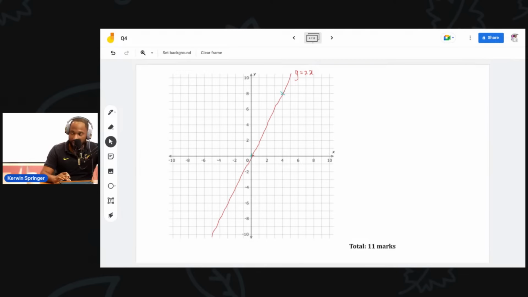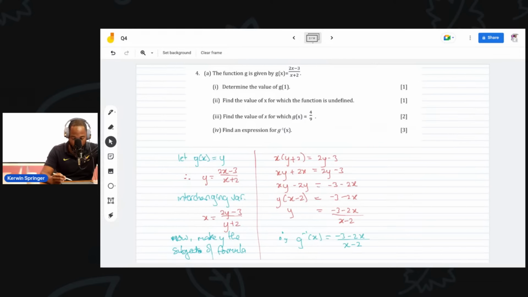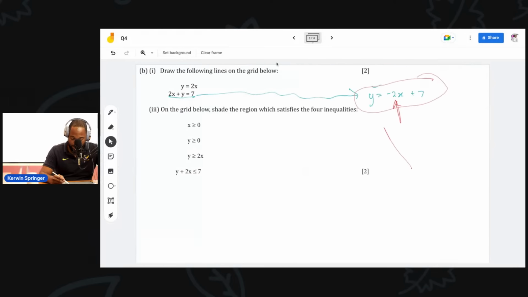And the next line to draw, let's go back, is the line y is equal to negative 2x plus 7. Now, this gradient is negative. That means the line goes down like this. You need to get 2 points. The 2 points to always find are when x is equal to 0 and when y is equal to 0. When x is equal to 0, that's the y-intercept.